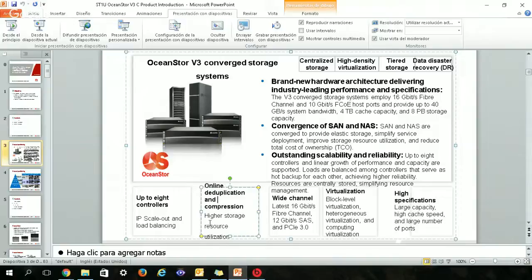These are some of the features in the solution to make it faster and more reliable, and I will explain them in detail. Wide channel: the latest 16 gigabits per second fiber channel, 12 gigabits SAS and PCI 3.0. Virtualization: we'll talk about block level virtualization, heterogeneous virtualization, and computer virtualization. We'll talk about that later on. High specifications: large capacity, high cache speed, and a large number of ports. Let's move on to the next one.